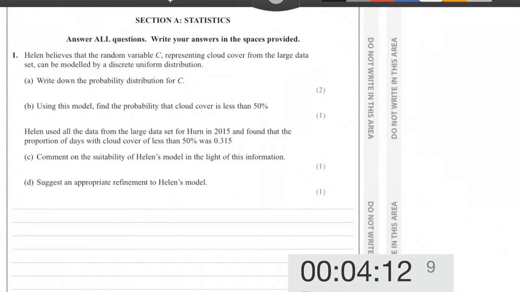Ask Harvey if you need it, because some of these are things you won't have done since last year. So please ask for hints if you feel like you need it.